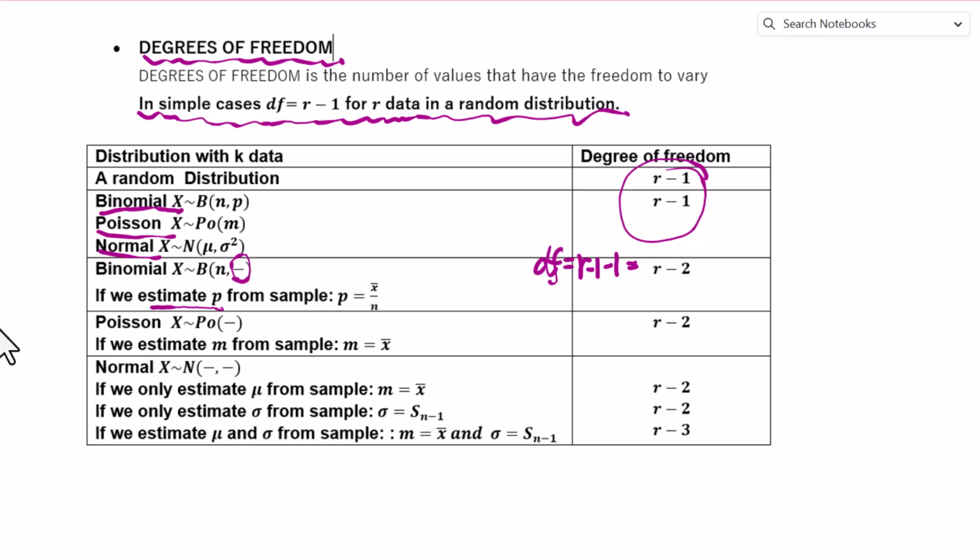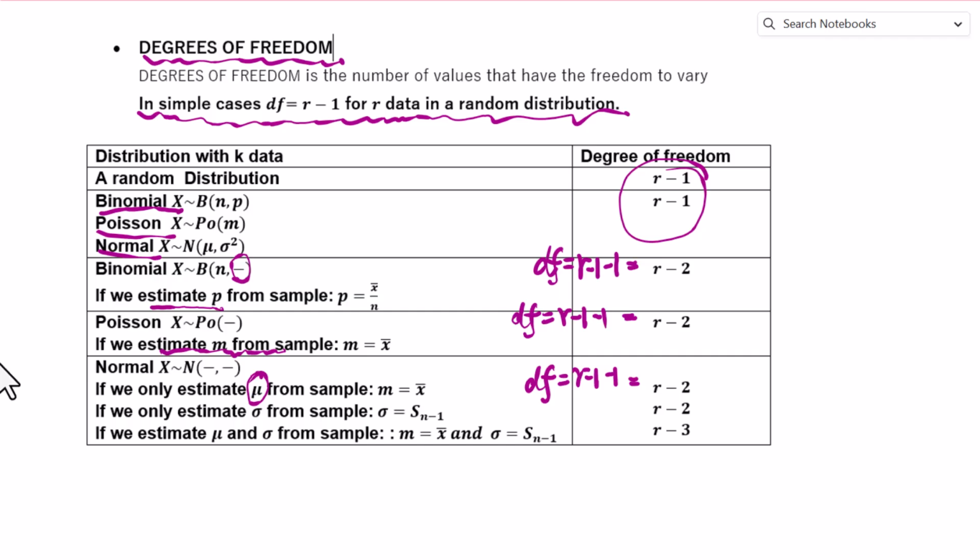For Poisson distribution, we estimate the mean from the sample, then df equals R minus 1 minus 1, which equals R minus 2. For normal distribution, if you estimated only the mean, then your degrees of freedom equals R minus 1 minus 1, which equals R minus 2.